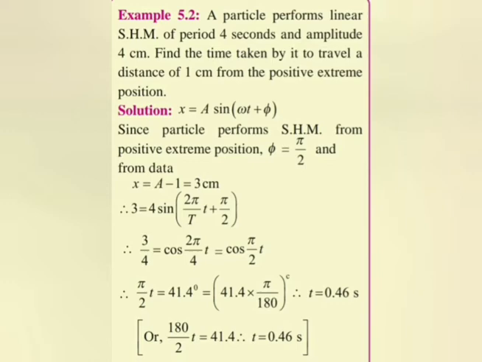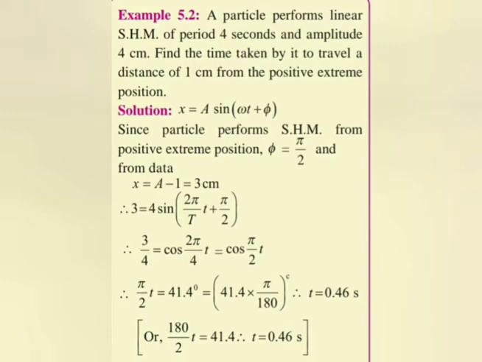Then the next step, when we are rearranging this term, is 3 by 4 equals sine of 2 pi by T into t plus pi by 2. As you know very well in mathematics, sine of pi by 2 plus theta is cos theta, so cos of 2 pi by T into t, with 3 by 4 on the other side.